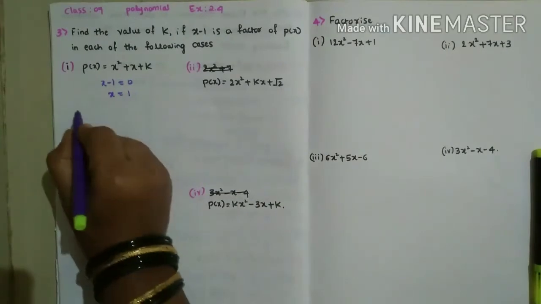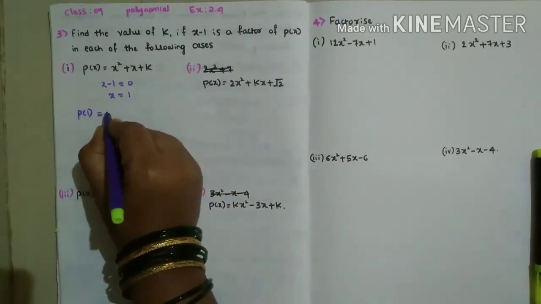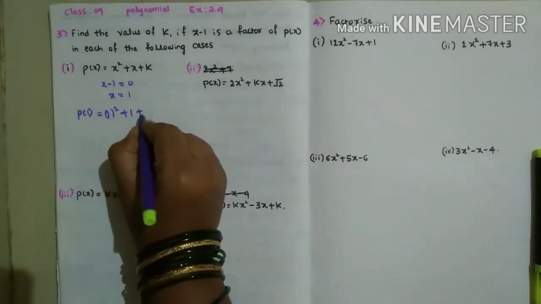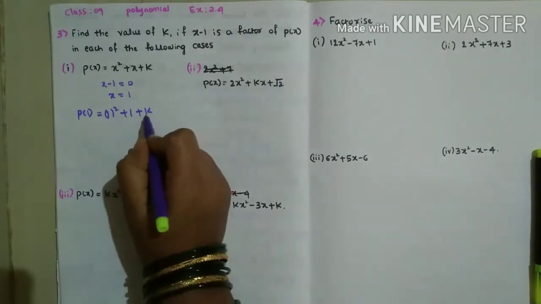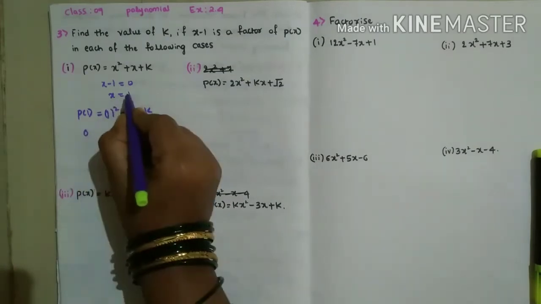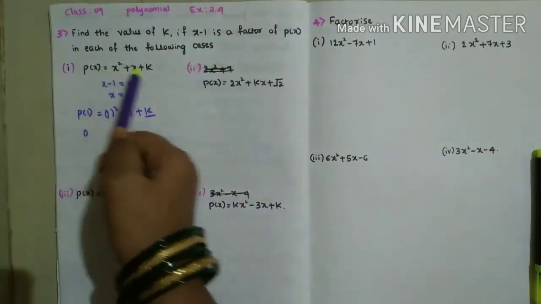Now I'll substitute: p of 1 is equal to 1 square plus 1 plus k. K you should write as it is. In place of k you should not write anything. You have to find the value of k only. Now p of 1 is 0, because if you substitute 1 in this polynomial we will get 0, as they are saying x minus 1 is a factor of the polynomial.